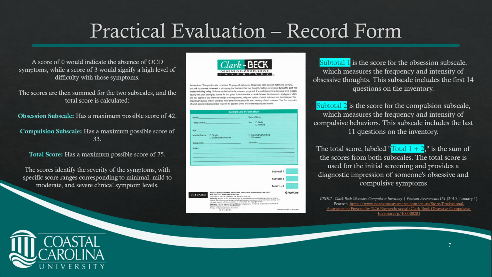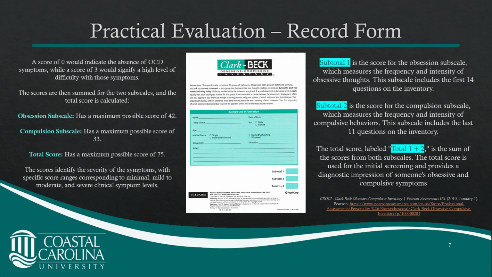And the scores are then summed for the two subscales, and the total scale is calculated to identify the severity of the symptoms, with specific score ranges that correspond to minimal, mild, moderate, and severe clinical symptom levels. So, for example, the obsession subscale has a maximum possible score of 42.